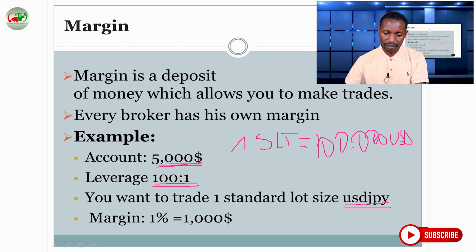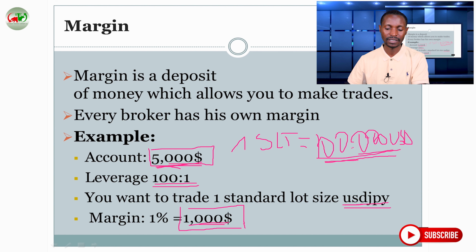This is to protect your account from going negative if things go wrong, in other words, if USD/JPY does not go in the direction you traded it. So the maximum you can lose, even if this trade loses, is only $1,000, because it is what has been set aside for this trade.